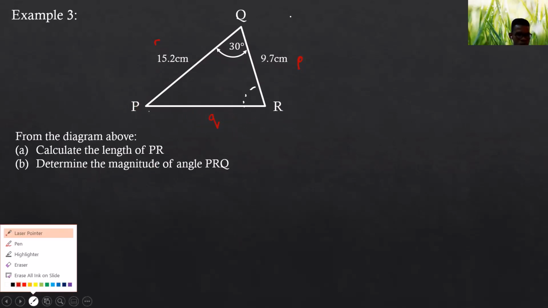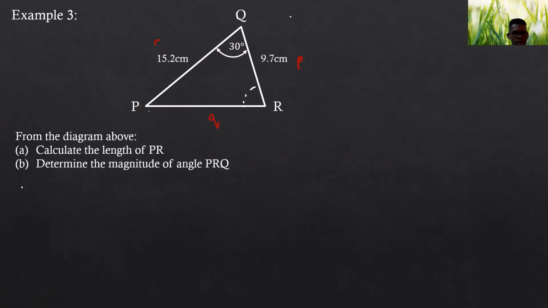So what is our cosine rule? What does our cosine rule tell us? Well, we're going to do part A first, and then we're going to do part B. Our cosine rule tells us that q squared, the length of the side that we're going to find, squared, is equal to the sum of the two sides squared, so r squared plus p squared. Actually, I said I would ask one of you to tell me the formula.